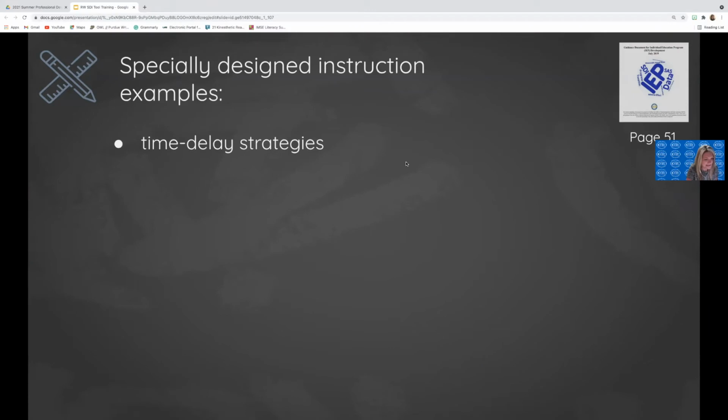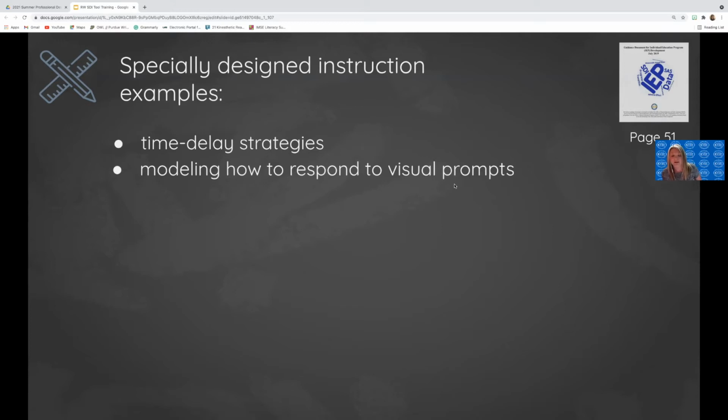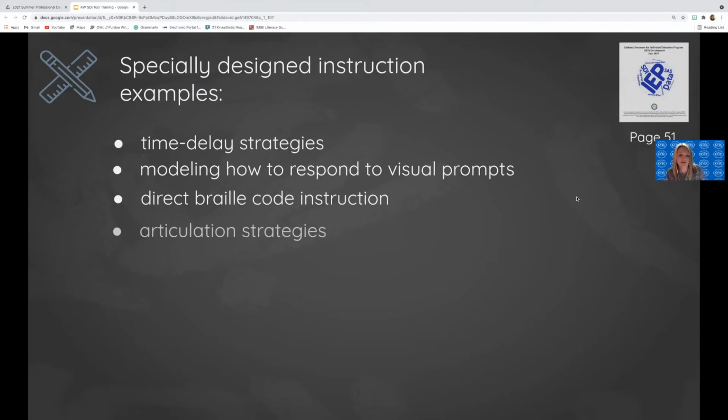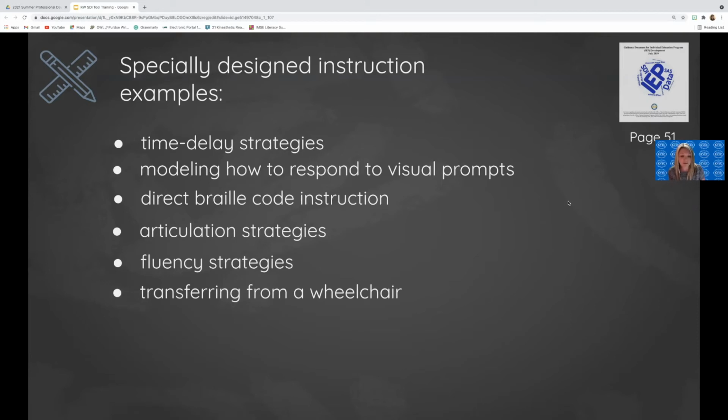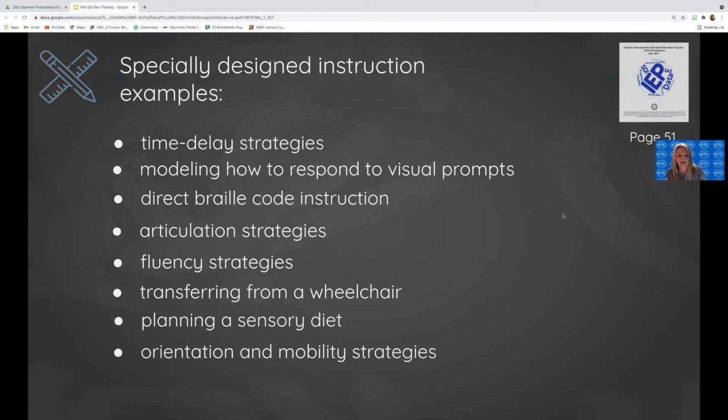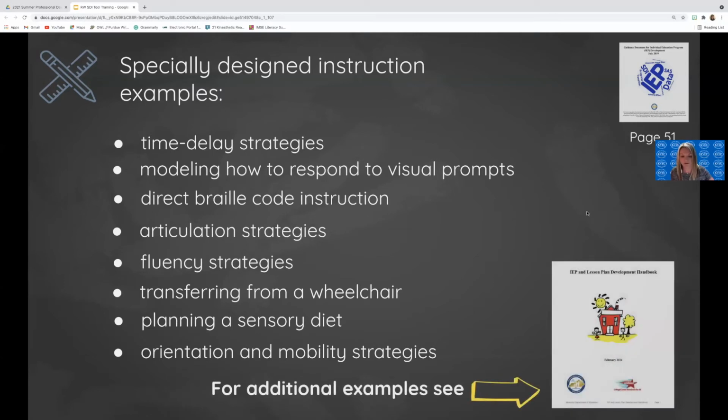So some samples of SDI would be time delay strategies, modeling how to respond to visual prompts, Braille code instruction, articulation strategies, fluency strategies, how to transfer from a wheelchair, planning a sensory diet for kids, orientation and mobility strategies. So SDI can look totally different for kids. And for other examples, this is where you could go and find those examples. And those are not exhaustive lists in there.